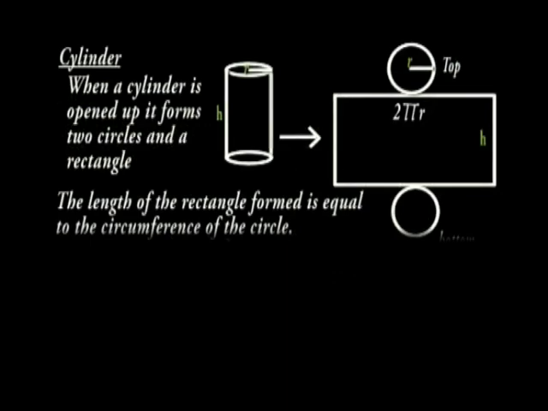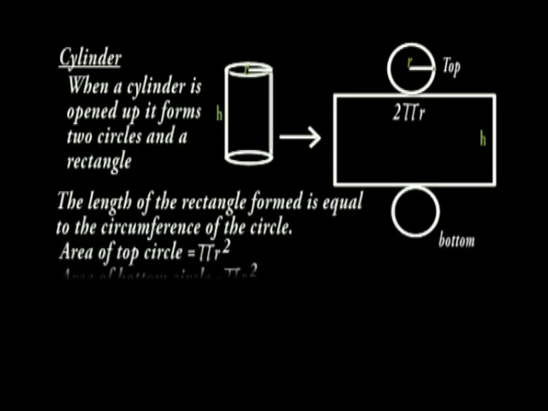Cylinder. When a cylinder is opened up, as shown, it forms 2 circles and a rectangle. The length of the rectangle formed is equal to the circumference of the circle. Area of top circle is pi r squared, and so is the area of the bottom circle.